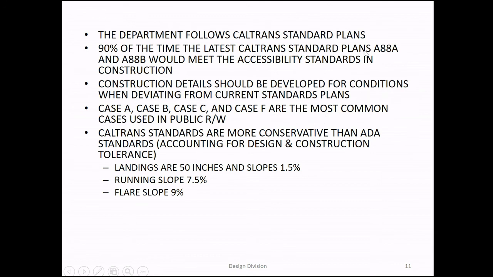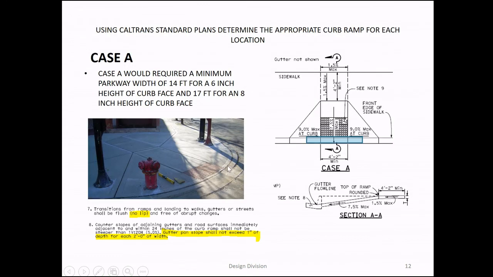I was just checking a project that was barely constructed, and flares and everything was done to standard except the landing. So if you deviate, just make sure you provide a detail.